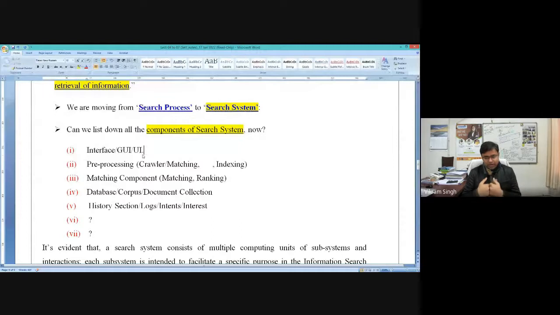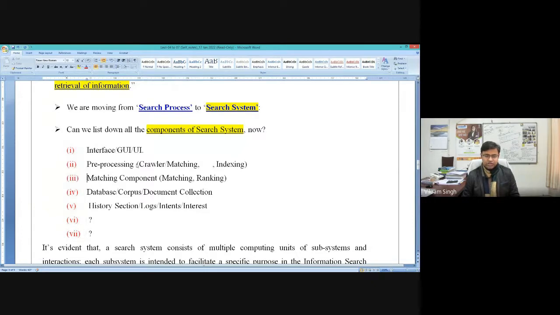From now I will be acting as a system designer, and from that point of view you can list down a few elements. For pre-processing, you need a few components, like a crawler program, a matching program, and an indexing program, something like that.